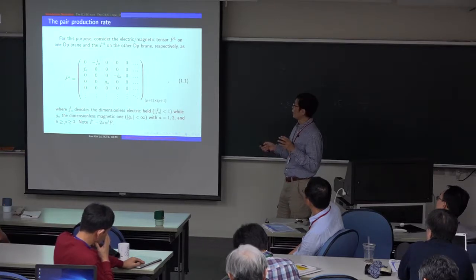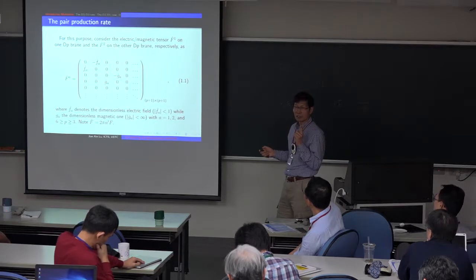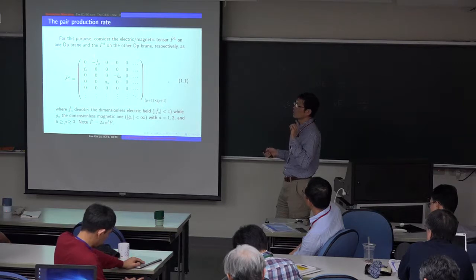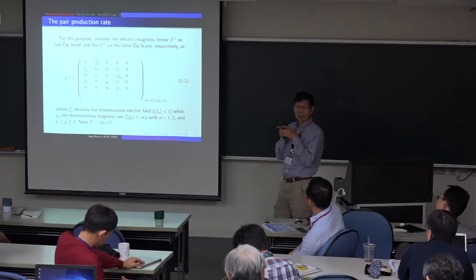Since the rate calculation is largely invariant, for example for p equal to 3, the magnetic field and the electric field are collinear. So E squared minus B squared should be invariant, and E dot B should be invariant.